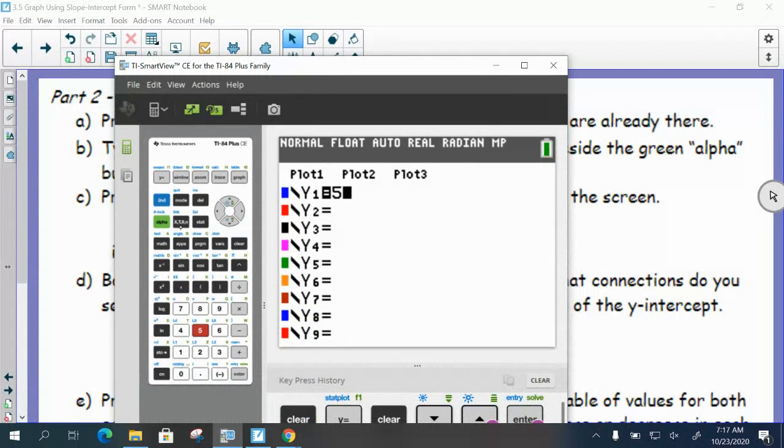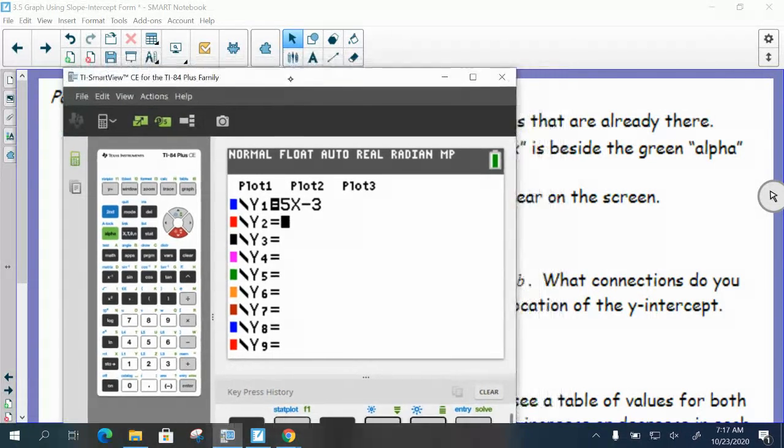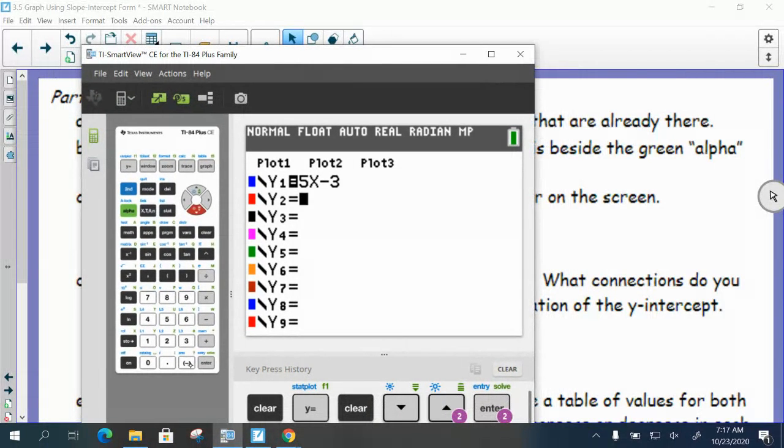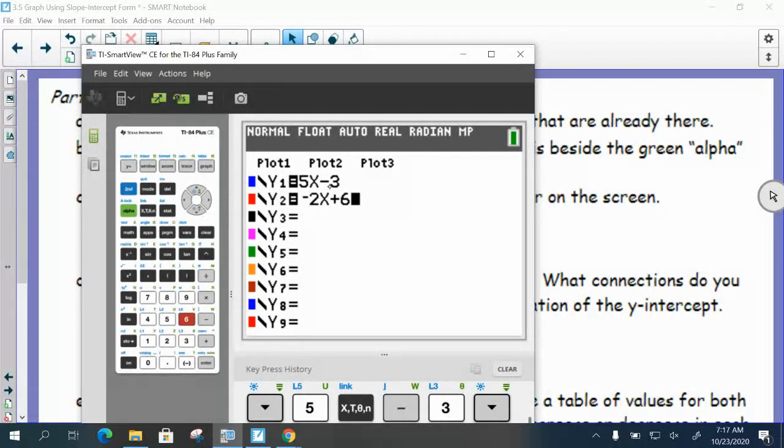And the x button is right here by the green alpha button. And then negative 2x plus 6. Also, make sure that you differentiate the minus sign from the negative sign. The minus sign is right here. The negative sign is down here by the enter button.